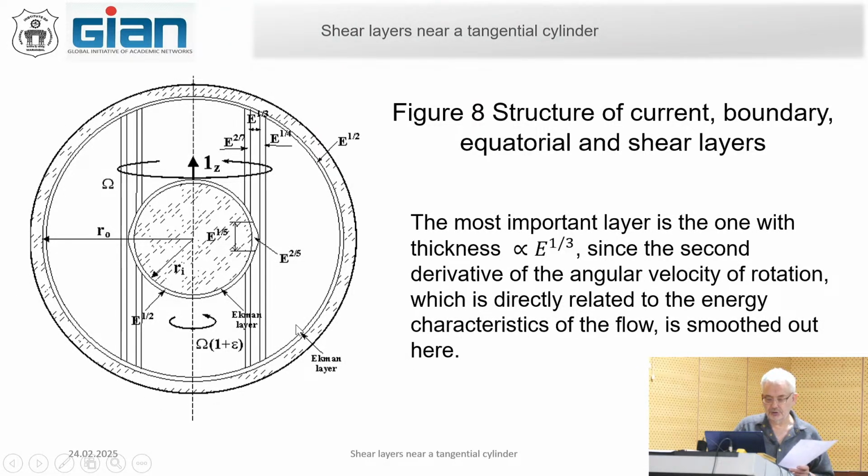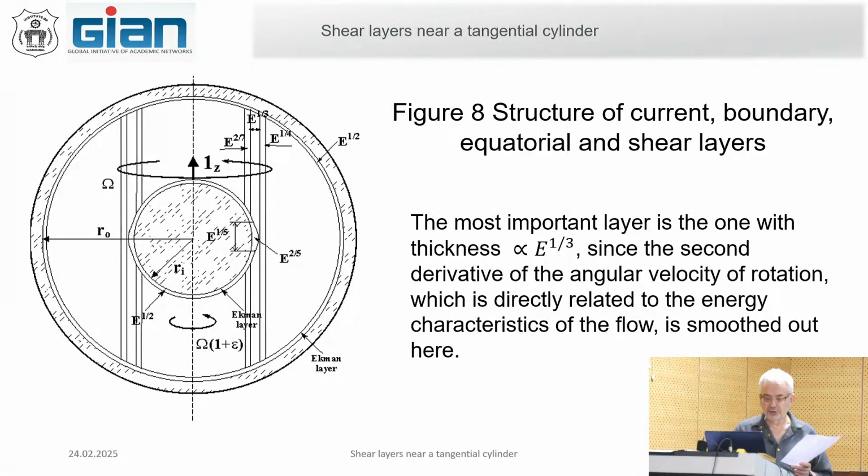And I just remind you that here we have a mantle if we consider this picture in terms of our native Earth. Its profile determines the balance of the amount of fluid flowing in and out of the outer and inner Ekman layer at the same distance from the rotation axis, and thus the meridional flow in the tangent cylinder is concentrated in narrow Ekman layers, and in the main volume of the tangent cylinder there is only a weak E to the 1/2 axial flow directed from the outer Ekman layer to the inner layer.